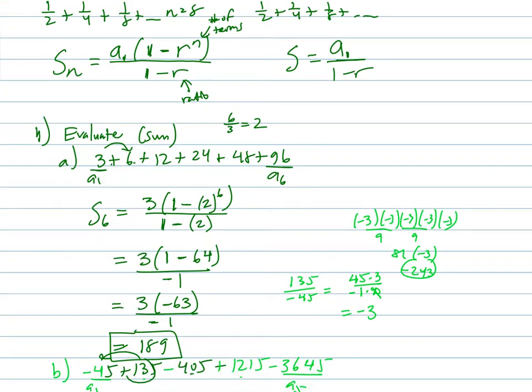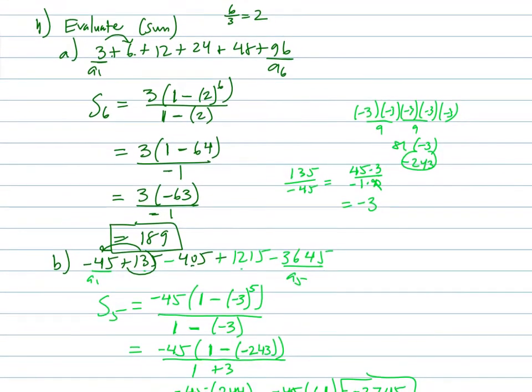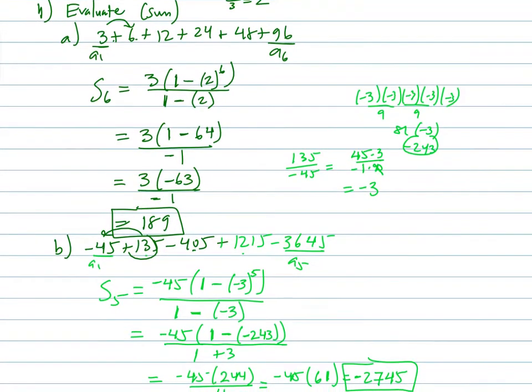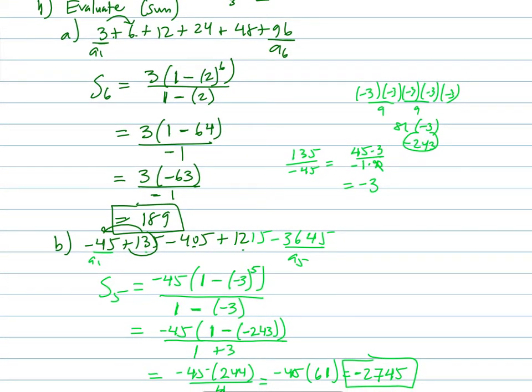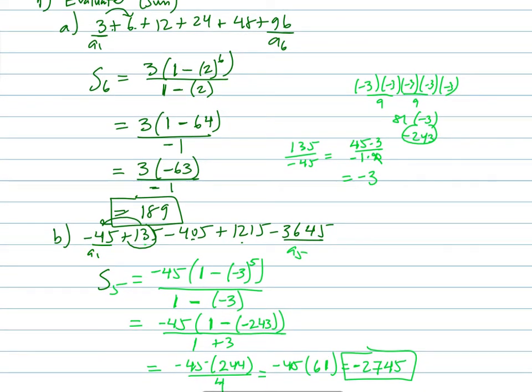Alright, let's try another one here, letter B. Negative 45 plus 135 minus 405 plus 1215 minus 3645. Okay, so again, we're summing up. This is a sub 1, a sub 2, a sub 3, a sub 4, this is a sub 5.